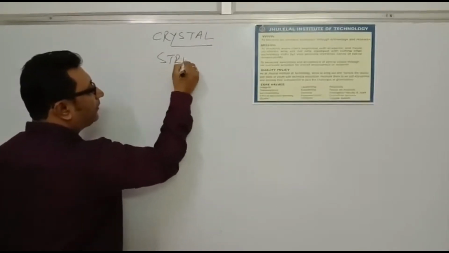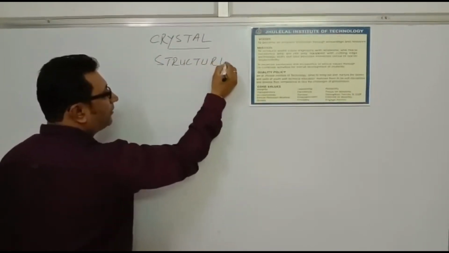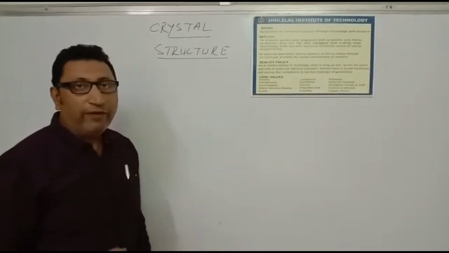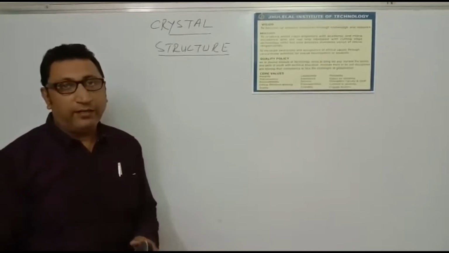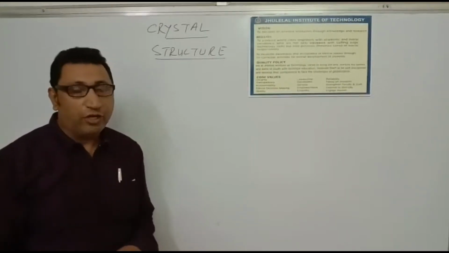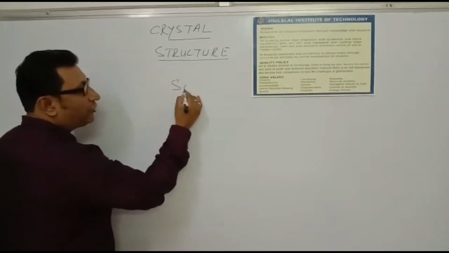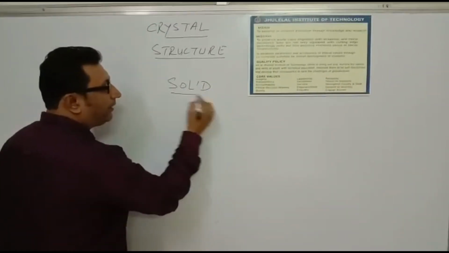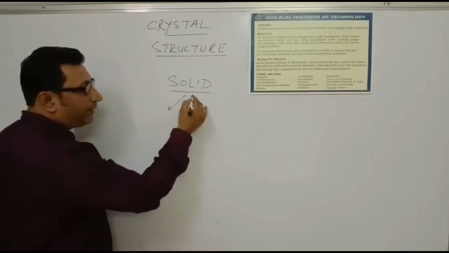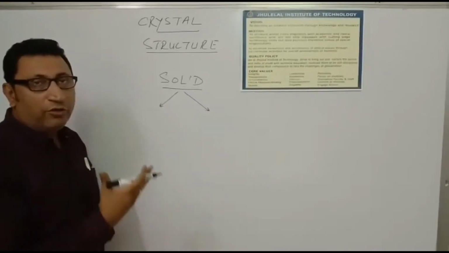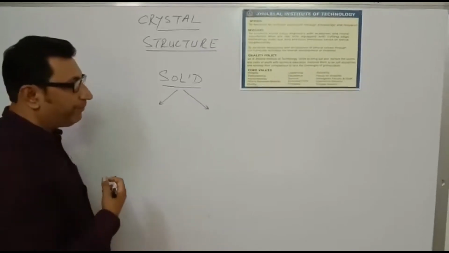Crystal structure. The word structure means arrangement of atoms in any material, more precisely in solids. Now we can classify solids into two different types depending upon their nature of atomic arrangements.